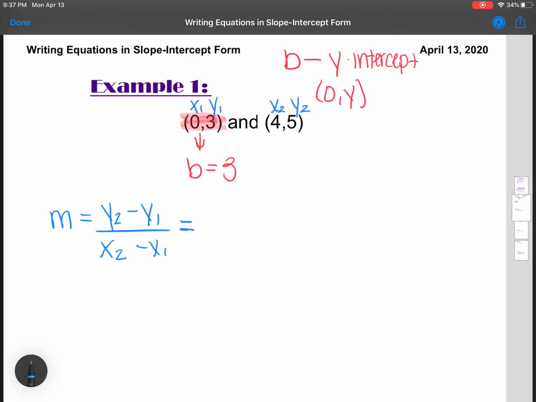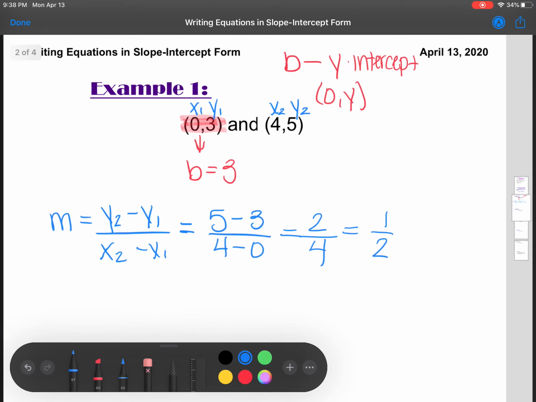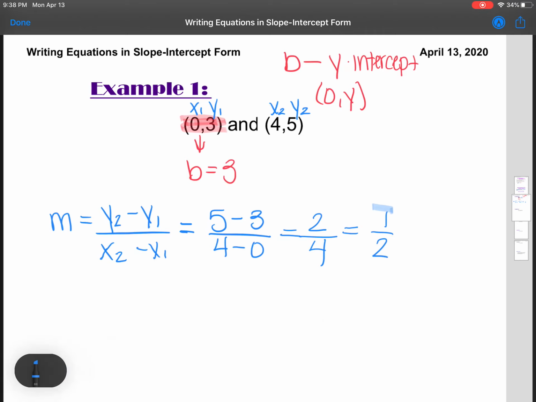Now I'm just going to plug it in: 5 minus 3 over 4 minus 0. 5 minus 3 is 2. 4 minus 0 is 4. So my slope is 1/2. That's what I'm plugging in for m.